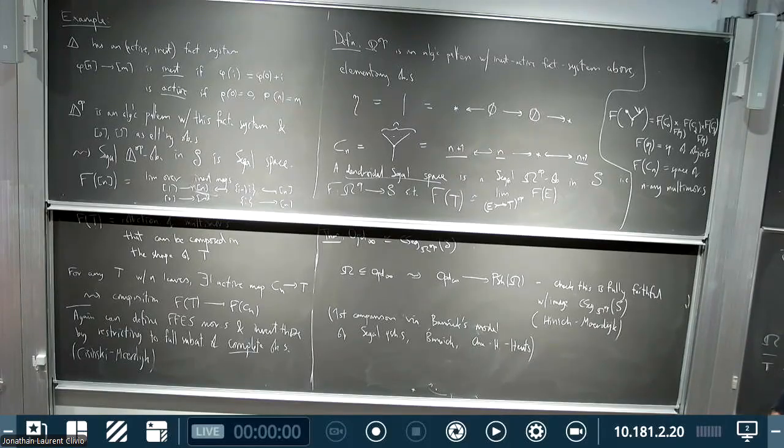Questions. So this completeness condition, is it the following? There is a functor from Delta to Omega given by the linear trees, and you restrict. Yes, you restrict and you get a Segal space, and the condition is exactly that that restriction gives a complete Segal space.